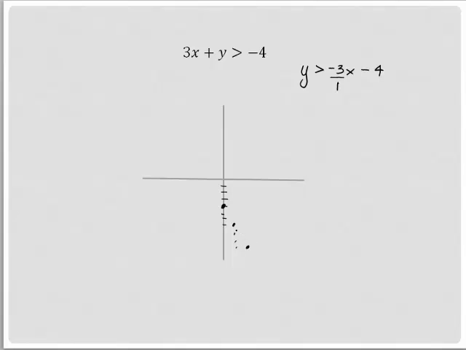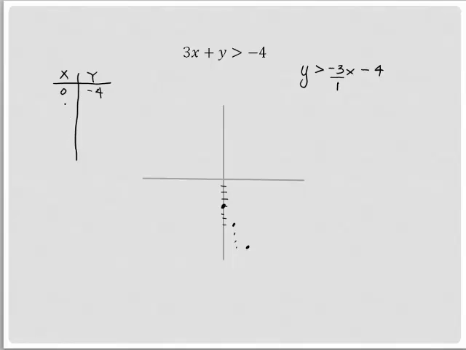All right, now I'm going to be very careful. Also, we can make a little chart. X and y. If x is 0, put it in here. And what does y come out? Negative 4.